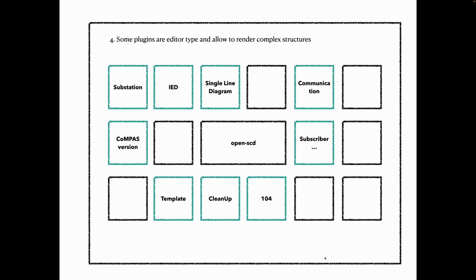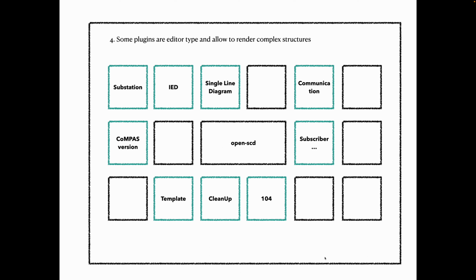Or we have a template plugin that allows you to browse through and manipulate the data type template section in the SCL, or a cleanup plugin that was provided by a very nice guy from New Zealand that allows you to clean up orphans in the file, so leftover data sets or leftover control blocks or leftover data type template content like logical node types or data object types, data attribute types, and enum types. There is an editor plugin that allows you to add 104 signal syntax to data attributes within your SCL file, and so on and so forth.